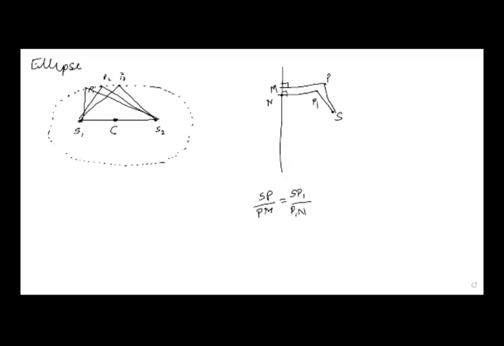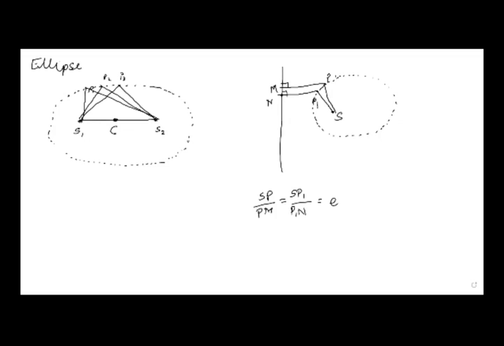If I join these points, then the figure obtained will be an ellipse, right? The ratio obtained here is called eccentricity e.